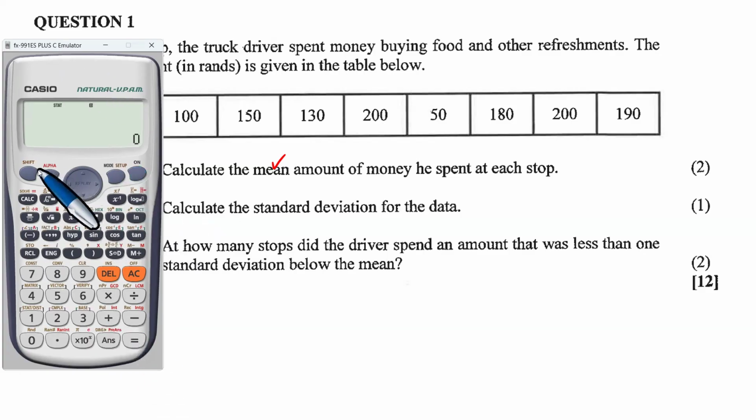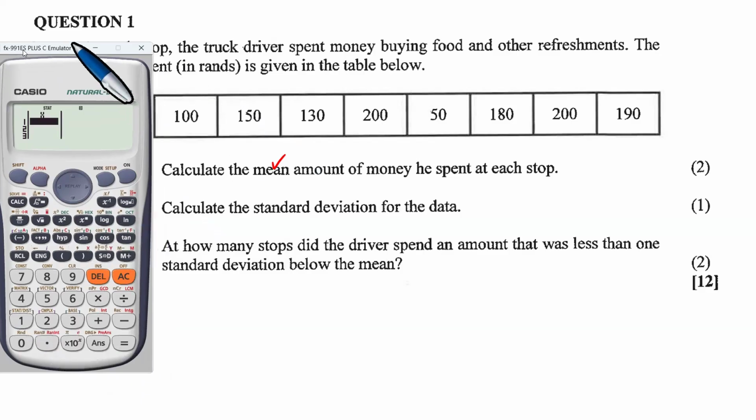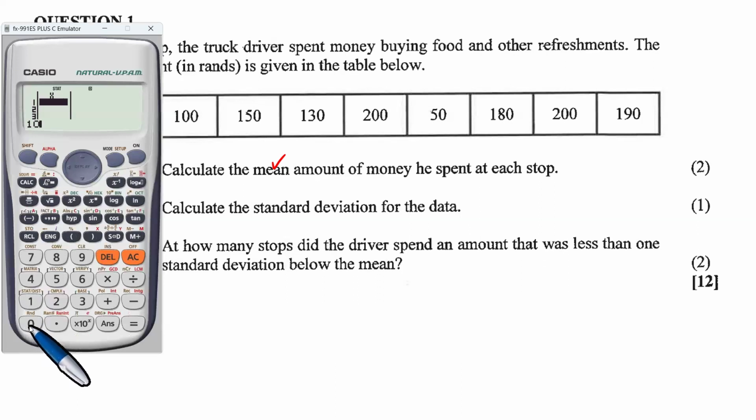You're going to do mode 3, stats, then we are dealing with one variable. Then you're going to put 100, 150, 130, 200, 50, 180, 200, 190.